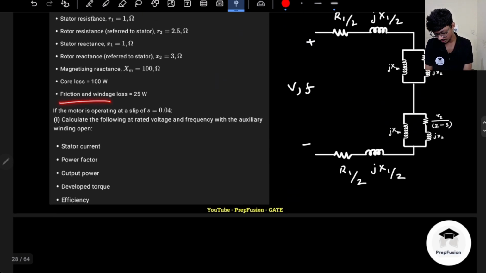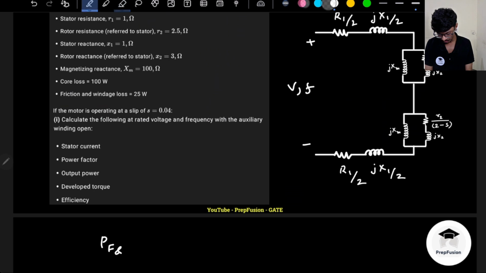Now friction and windage loss is also given, that is 25 watts.